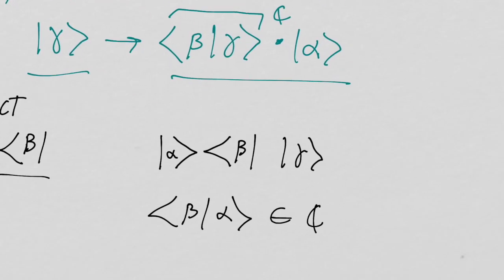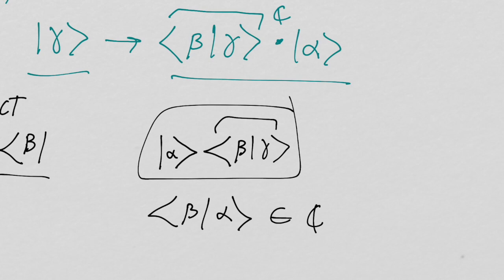Now I just make that look like the inner product, so I'll erase the line and put the gamma ket there. This is a complex number, and this is the new ket. That whole thing is the new ket.